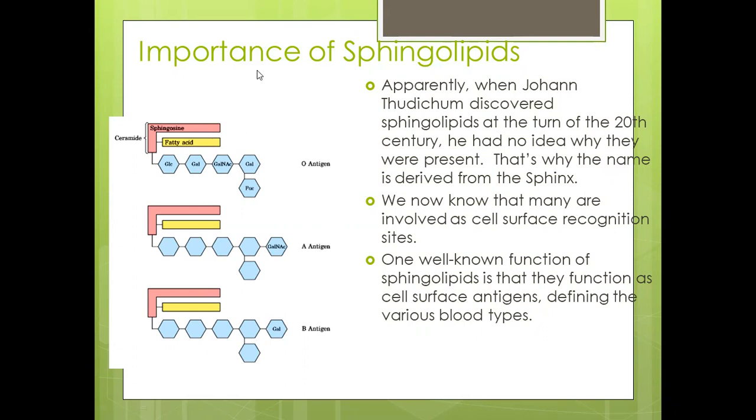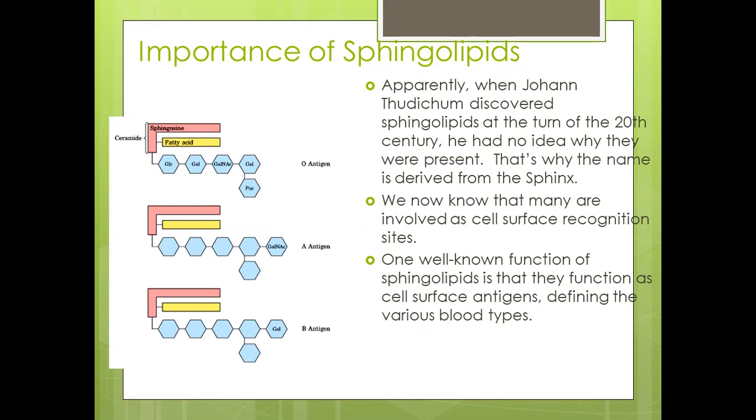For example, you have the ceramides, sphingosine, and on the second carbon you have your fatty acids, and depending on the antigen, whether it's glucose, galactose, N-acetylgalactosamine, or a complex sugar-like structure, you have galactose, fructose, and another ring here. Depending on the ring that's bonded to the third carbon, depending on the structure, you can have different antigens that would differentiate the different blood types.